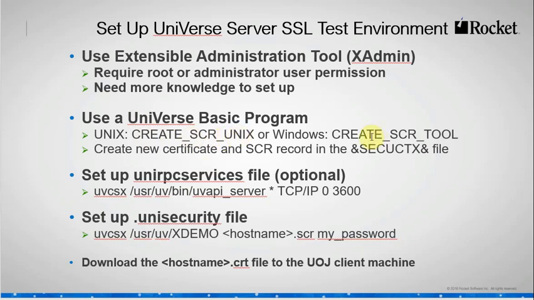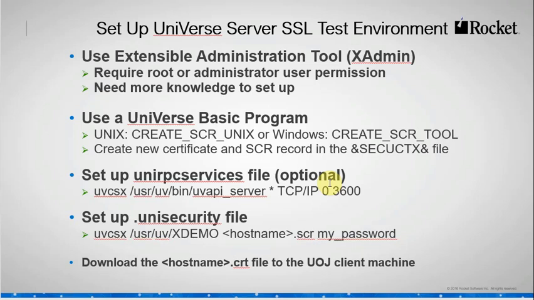On Windows, we'll call CREATE_SCR_TOOL. And you need to update the UniRPC services file if you are using a different service name. For my demo, I'm using UVCSX, so you need to create an additional UVCSX entry in the UniRPC services file. Also need to update the .unisecurity file.